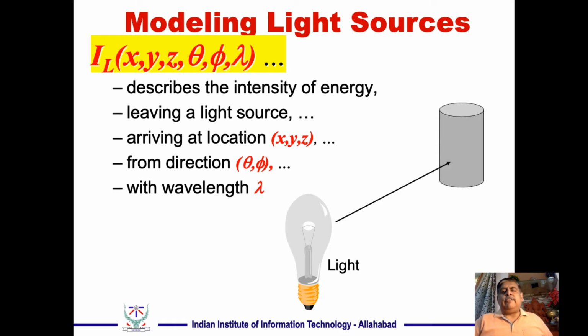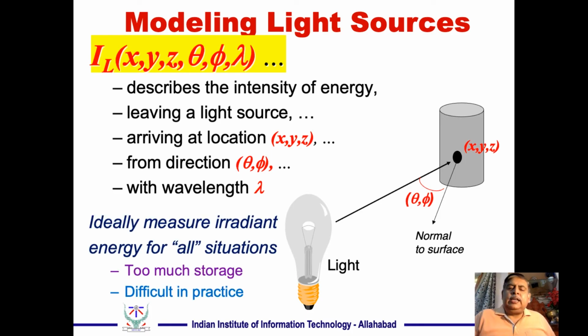So here you have the light hitting the surface at the point XYZ, and you have the normal. This makes an angle of theta phi in 3 dimensions, and ideally this is measured in irradiant energy for all situations. Too much storage and difficult in practice.